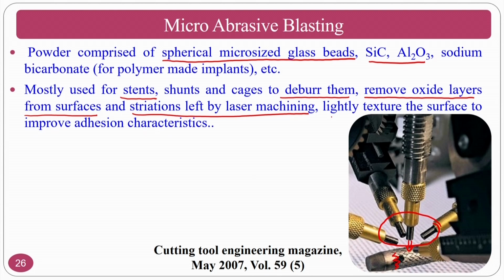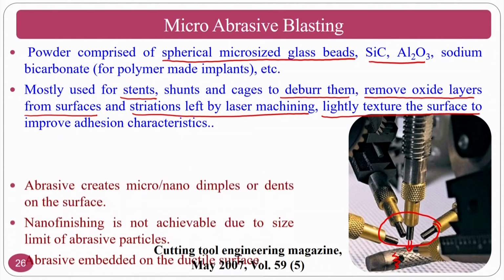These are oxide layers, or sometimes people use under-liquid laser beam machining. In those circumstances, if your liquid is a carbon-based liquid, then you have carbides. So in order to remove all these things and at the same time to make textures on the surface, you will have to do the microblasting operation.